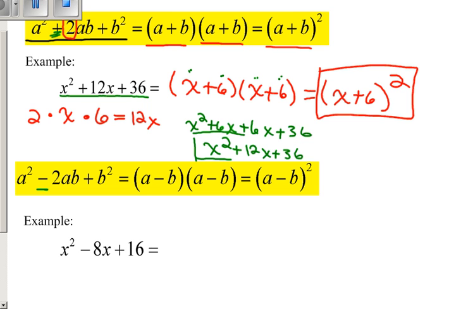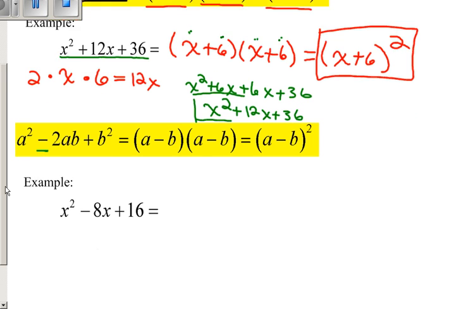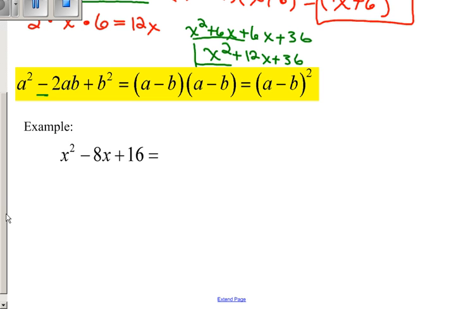And notice that translates to subtraction in all three of these over here. So it's a minus b, a times a minus b, which is a minus b quantity squared. That's what my answer is going to look like when it's a subtraction in front of that 2ab, in front of that middle term. Let's try an example like this.